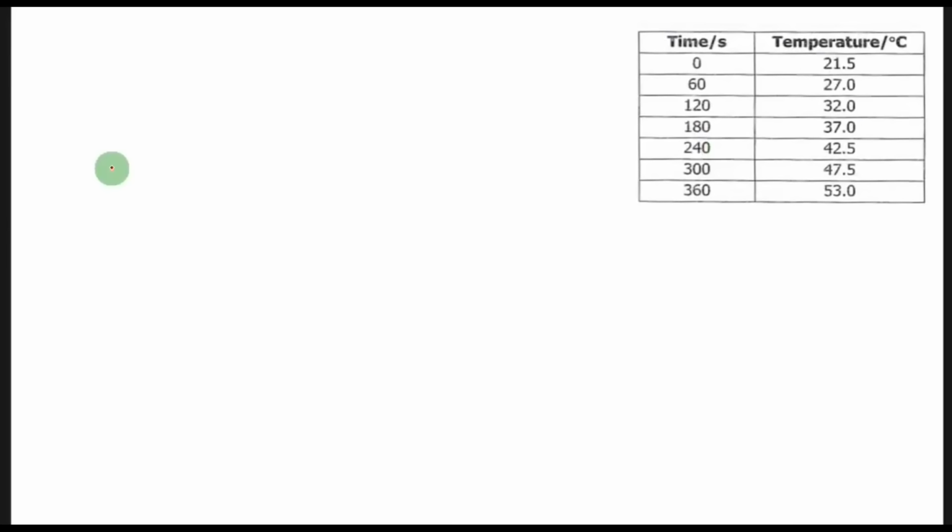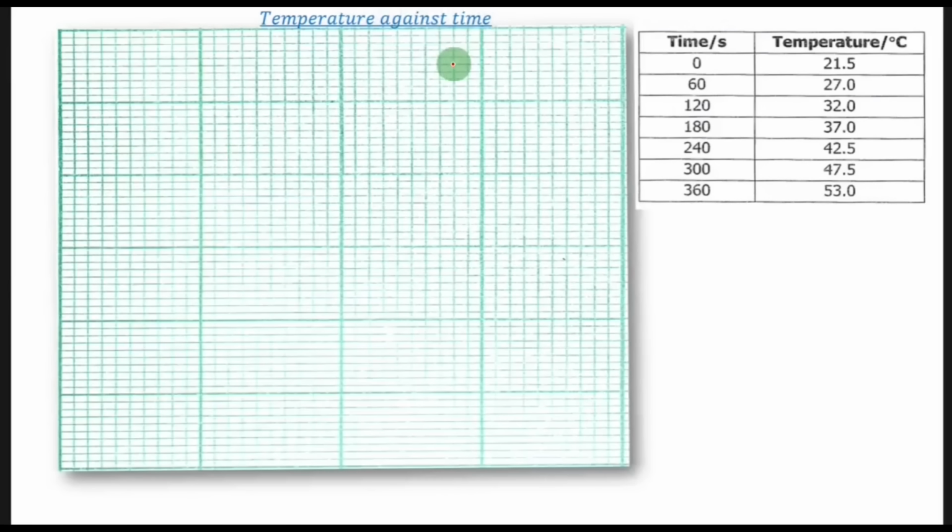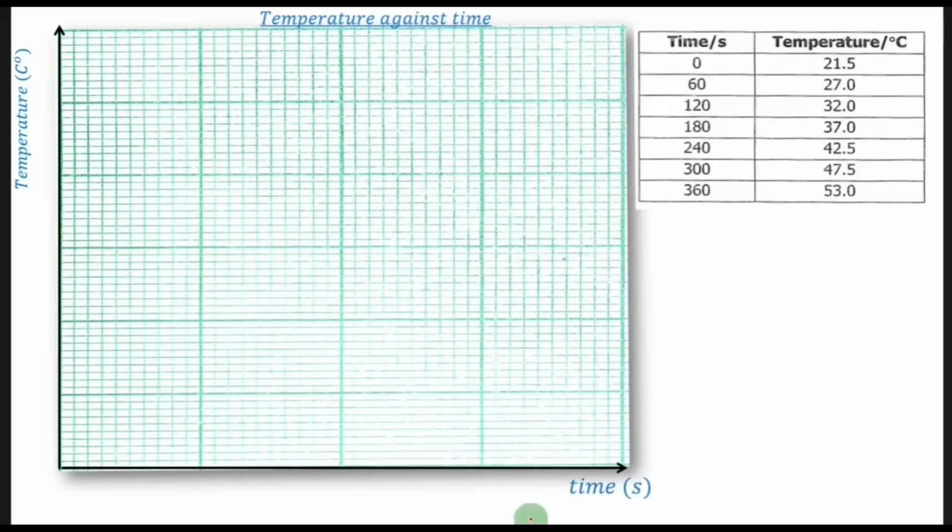Vertical axis is temperature, horizontal is time. See how I'm going to fit these values. The lowest temperature value I have is 20, and the highest is 53.